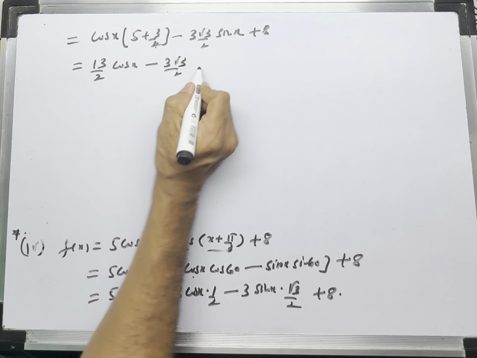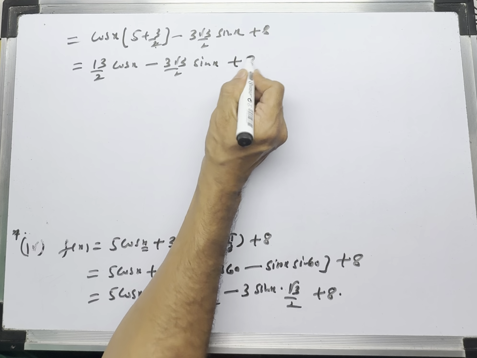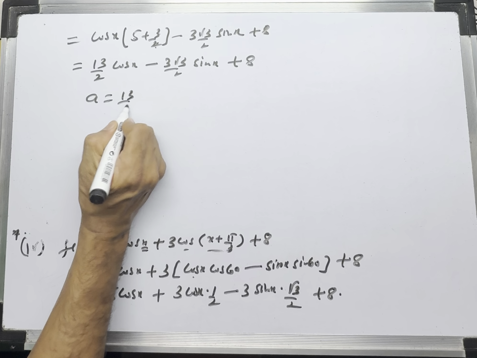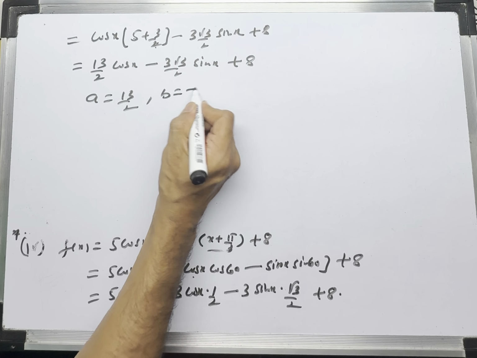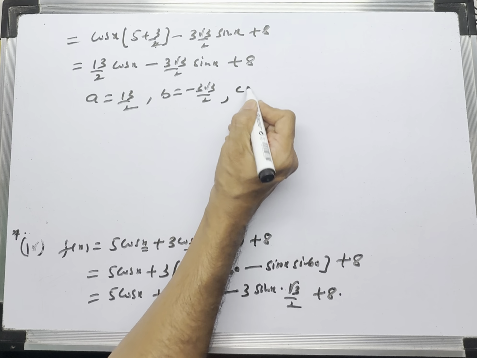Minus 3 root 3 by 2 sin x we will write. Then plus 8. Now we can take a as the coefficient of cos x. Here don't take a as 5, b as this 3. We have to calculate this, then a, b and c values.